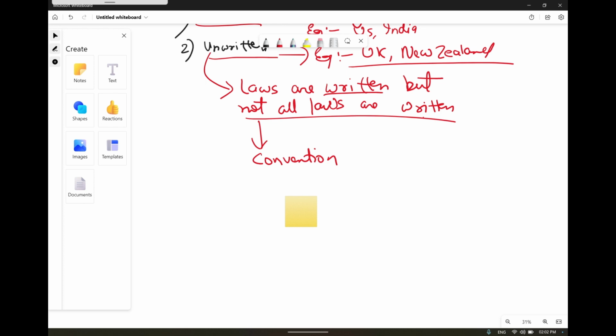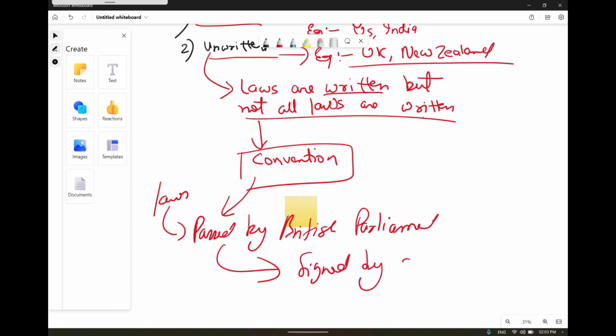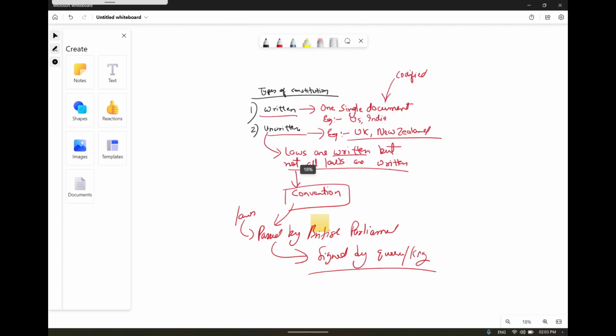It is practiced over a period of time, and it is still followed. So one convention that has been followed is that whenever laws are made, they should be passed by the British Parliament and signed by the Queen. Now it is the King. This thing is nowhere written.